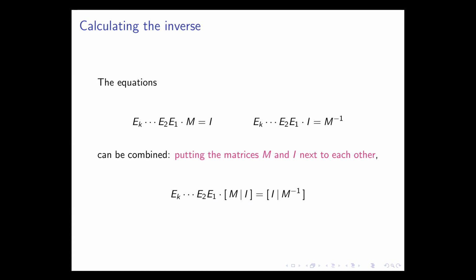So we know that the first equation multiplied by M gives us the identity matrix, and the second equation will give us the inverse. So in other words, we will be reducing to the echelon form the rectangular n by 2n matrix M slash I.